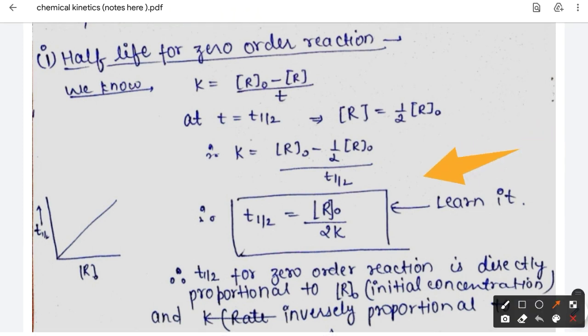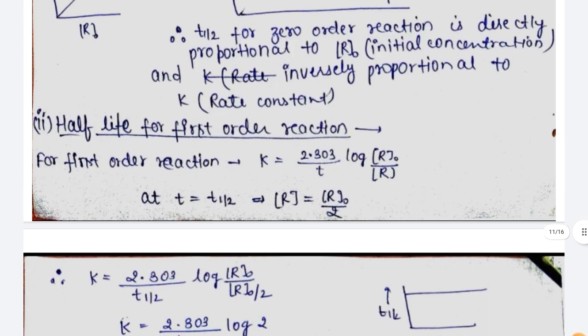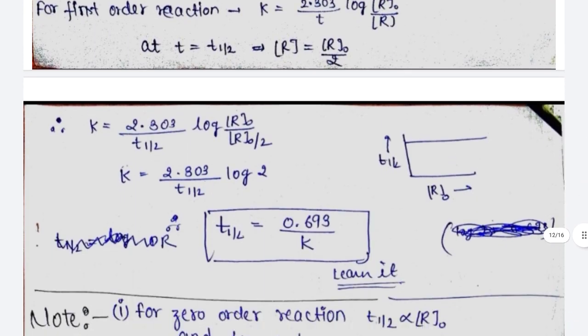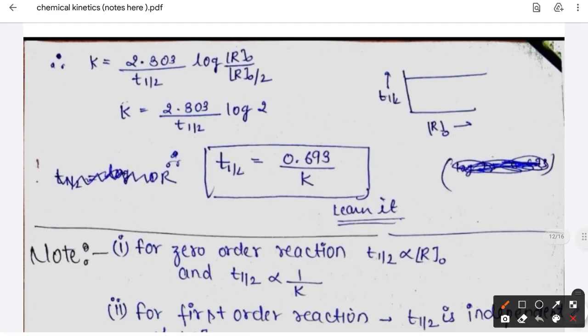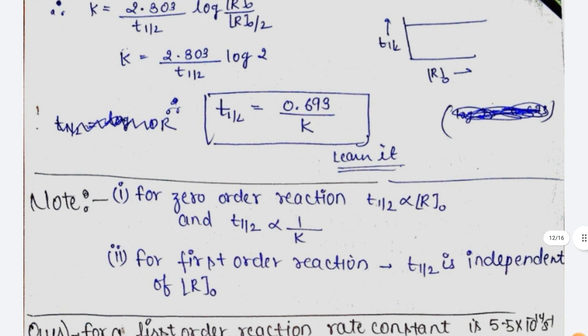You should learn this formula. It is the half-life for zero order. And half-life for first order. You should learn this formula. It is important to note here that for a first order reaction, half-life is independent of the reactant concentration.